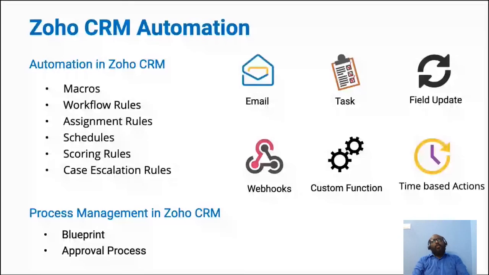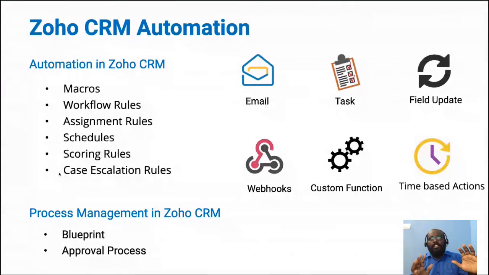Okay, so I have highlighted five actions here: emails, tasks, field updates, webhooks, and custom function. These are the five actions which are involved in all these automation tools.